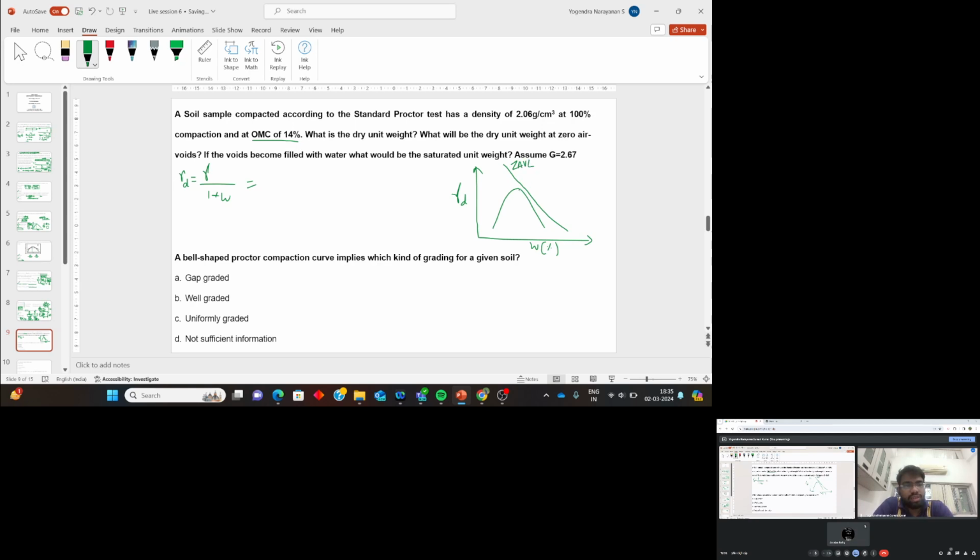Now there can be two cases here. This is the maximum dry density that you achieve by compaction.